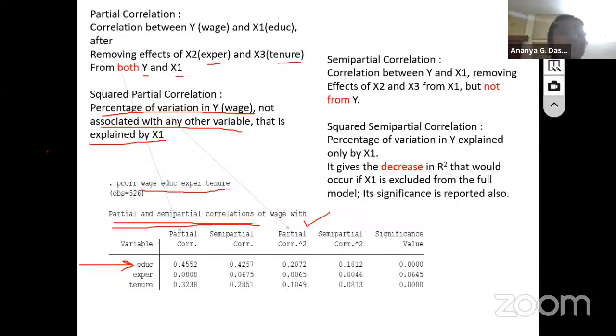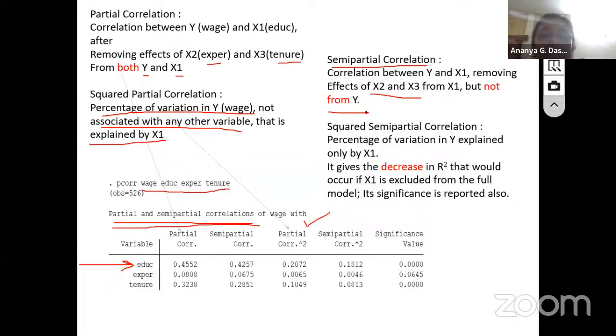Okay. Now, another very useful thing is the semi-partial correlation. In semi-partial correlation, as the name suggests, what you're doing is you're removing the effect of x2 and x3 from x1, but not from y. So you have total y, and you have the part of x1 that's unrelated to x2 and x3. And you're looking at the correlation between y and x1.